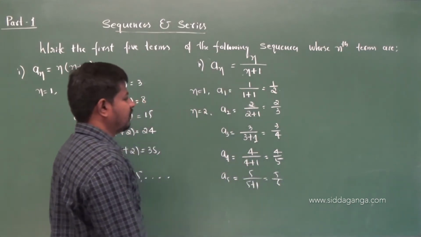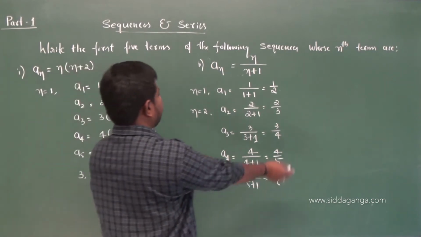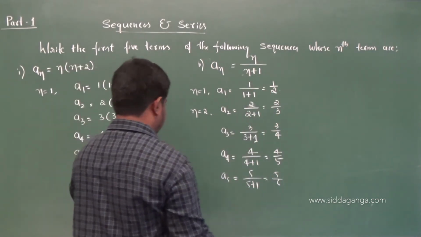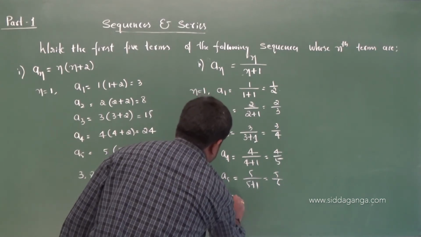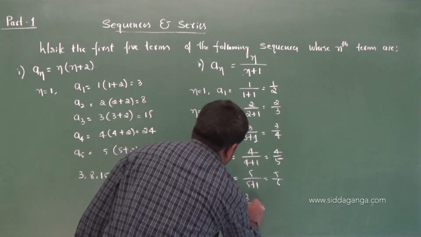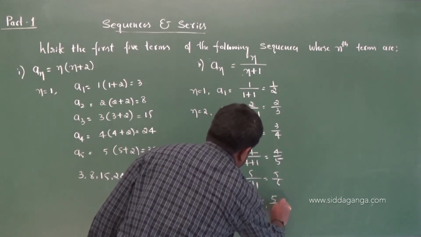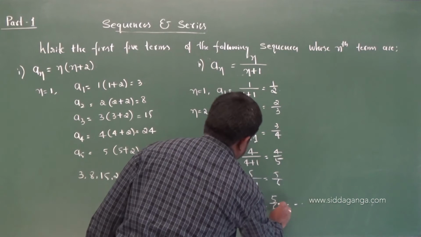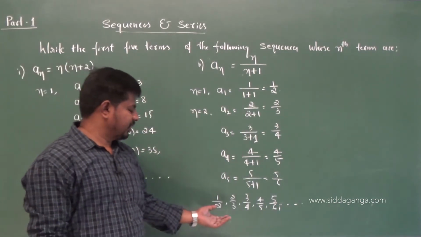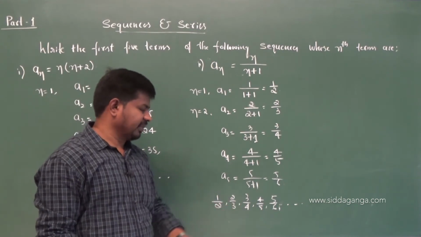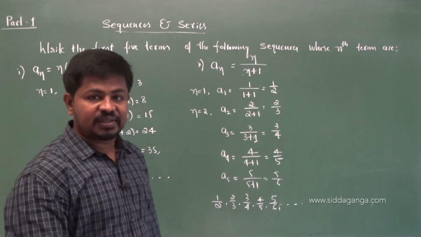So these are the first 5 terms of the sequence whose nth term is n by n plus 1. So the first 5 terms are given by 1 by 2, 2 by 3, 3 by 4, 4 by 5, 5 by 6. Okay, this is your sequence. These are the first 5 terms of the sequence whose nth term is n by n plus 1.